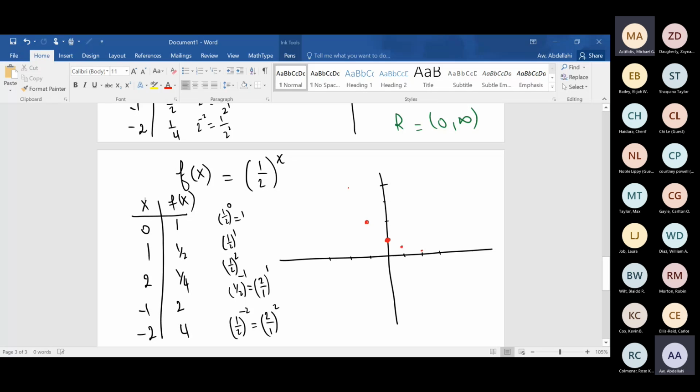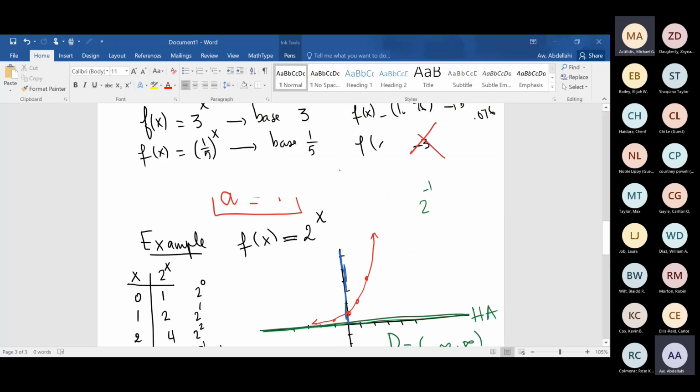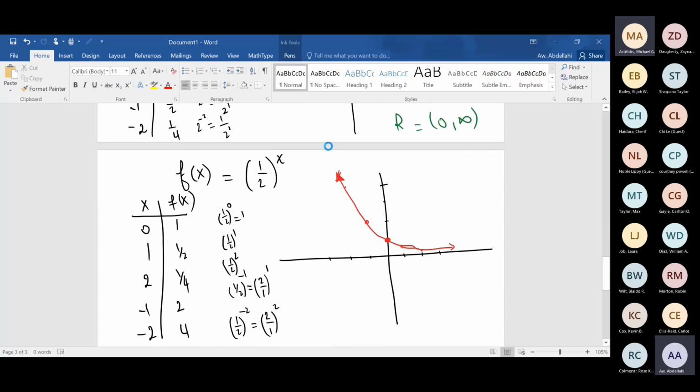F of negative 2 is 4. So I have a function which looks like this. Basically, the basic graph of an exponential function can be one of 2 types: either increasing, going up from left to right, or decreasing, going down from left to right.